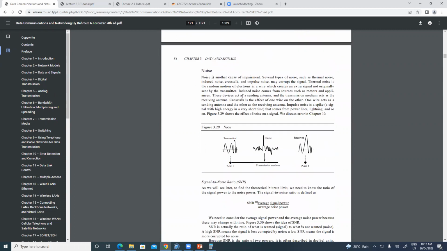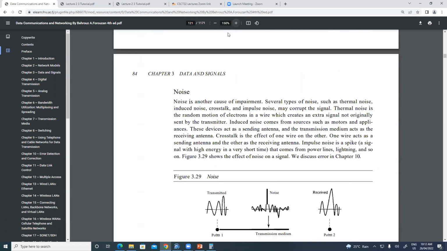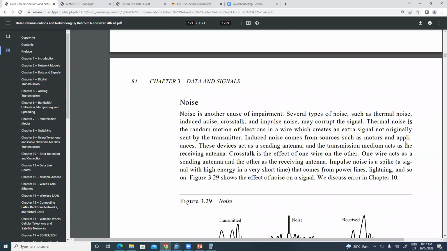Thermal noise, it says, is the random motion of electrons in a wire which creates an extra signal not originally sent by the transmitter. Right? So that is thermal noise.